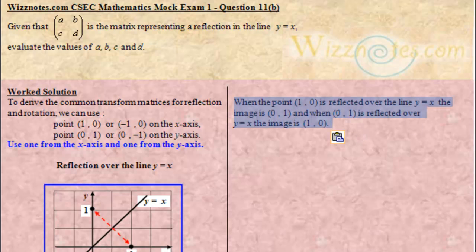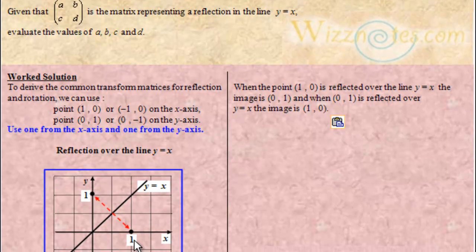When the point 1, 0 is reflected over the line y equals x, the image is 0, 1. That is, when this point is reflected over this line, the image is this point. And when 0, 1, which is now the point on the y-axis, is reflected over the same line, y equals x, the image is 1, 0.